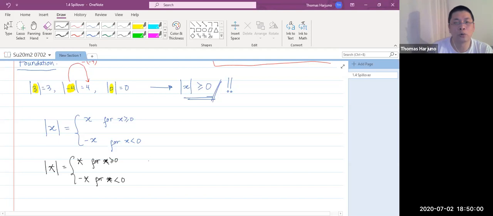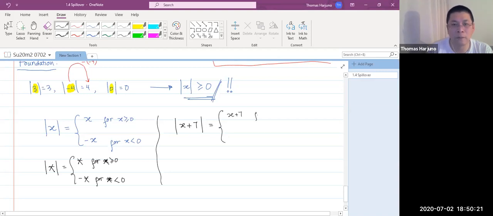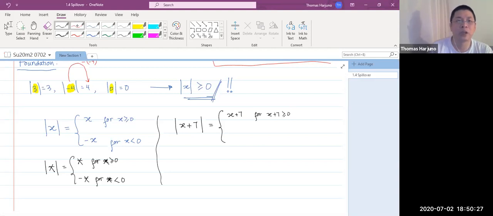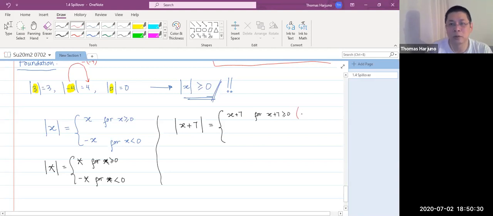So how do we take care of, for example, absolute value of x plus 7? Then we say absolute value of x plus 7 equals x plus 7 for x plus 7 positive or 0, in other words, for x greater than or equal to negative 7.